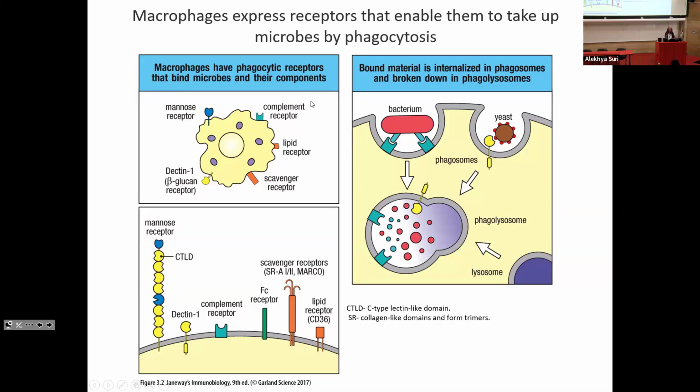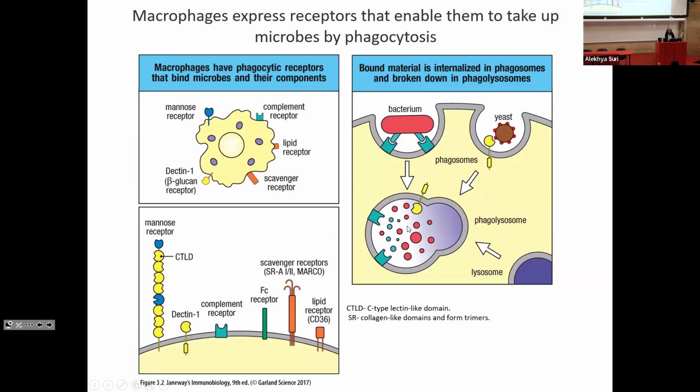So by recognizing these pathogens present outside the cell, these macrophages can take in, or phagocytose, the pathogen, and this phagosome that contains the pathogen then fuses with the lysosomal compartment, which allows the bacteria to be broken down.